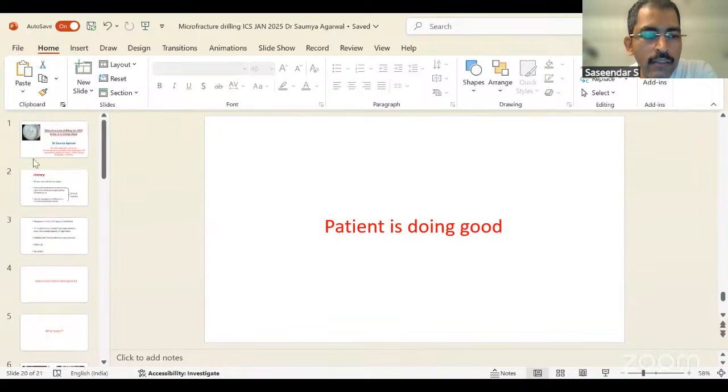Yes, you have done a good job in doing microfracture, but microfracture is known to give good results possibly until 2 years postoperatively.